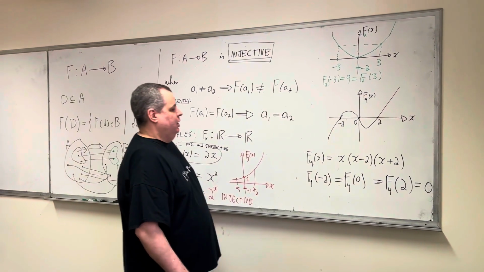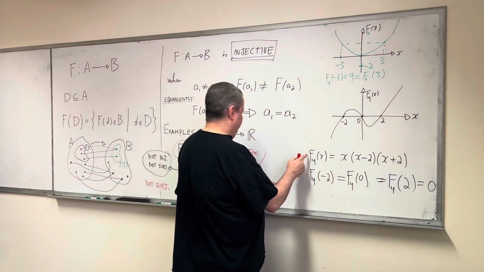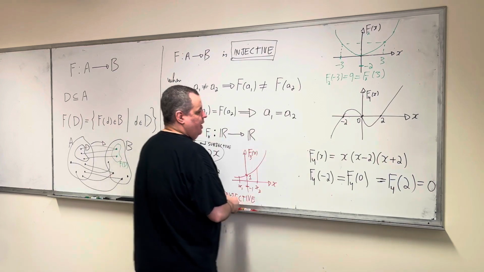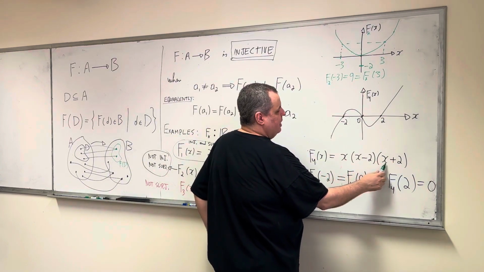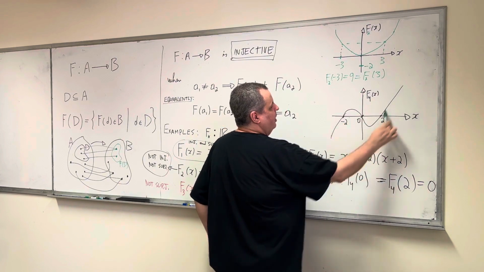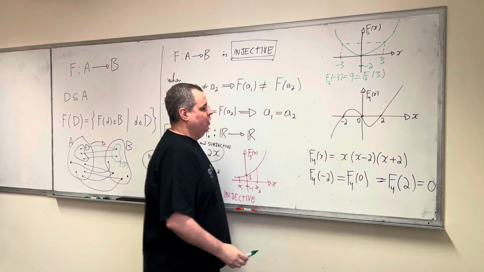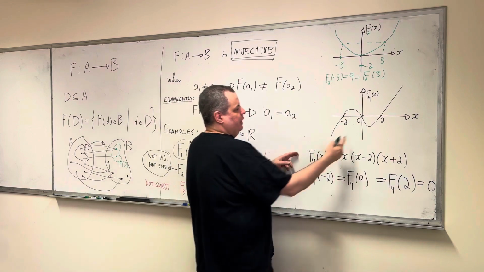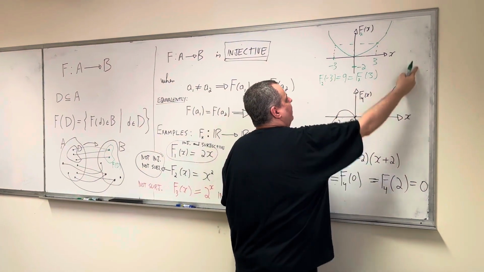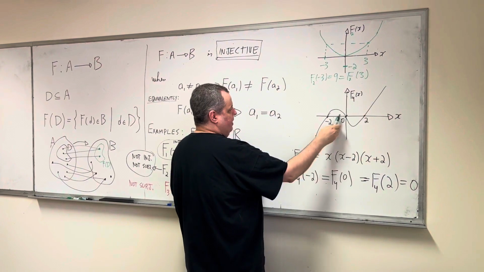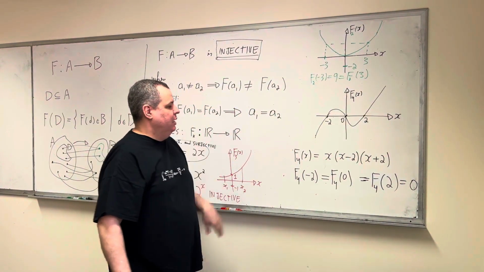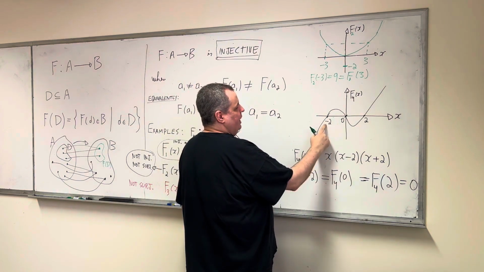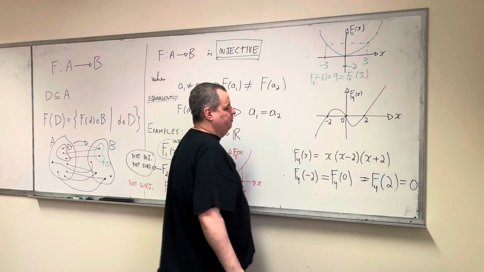How about this function f4 here? f4 of x is x times (x minus 2) times (x plus 2). I draw the diagram here. When x grows very large, the function becomes very, very positive. When x goes to minus infinity, the function becomes very, very negative very fast. This function equals 0 at -2, 0 and 2.